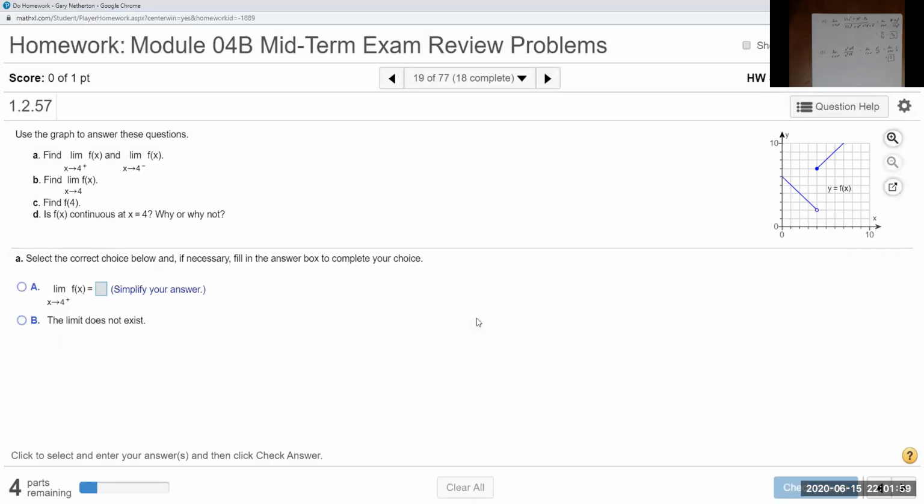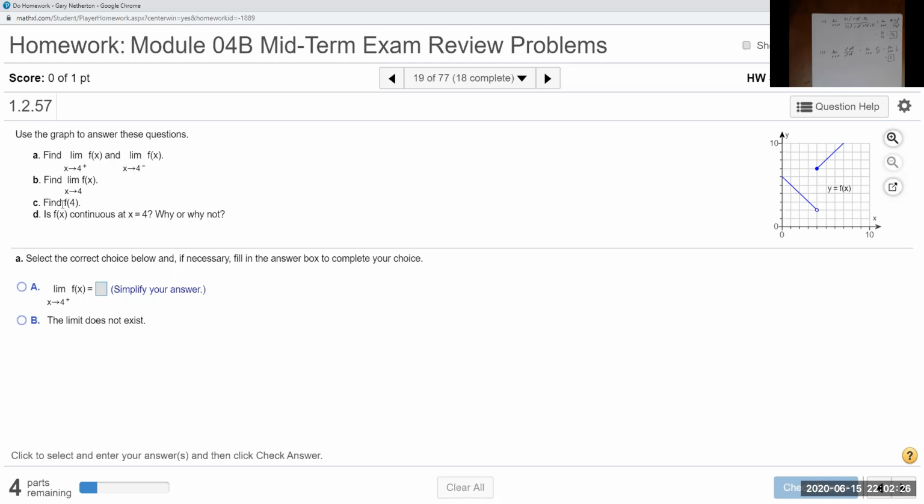Now this is similar, but let's look at the questions, then we'll talk about it for just a minute. They're going to have us find the limit of the function as x approaches 4 from the right and from the left, because we've done that before. Then they're asking, based upon what we just found out in A, we can answer the question in B, what's the limit as x approaches 4?